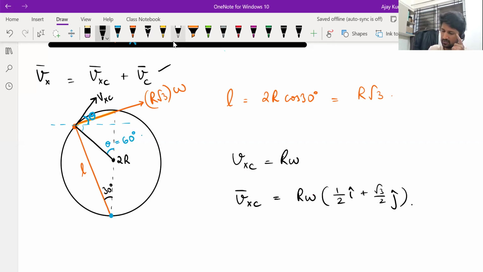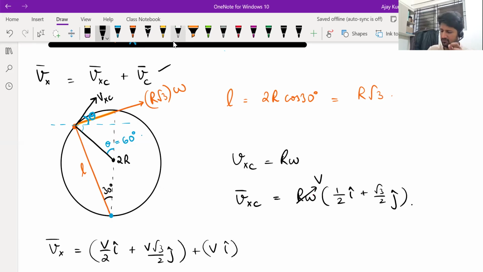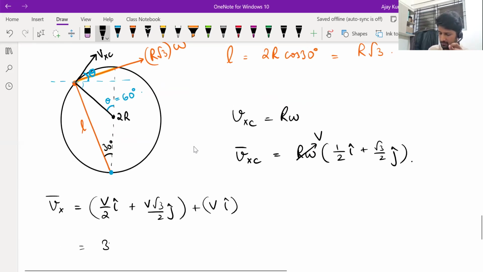Therefore, the effective velocity of x is Vxc plus Vc. r omega is nothing but V. So V by 2 i cap plus V root 3 by 2 j cap, that is velocity of x with respect to center of mass, plus the velocity of center of mass is V i cap. I'm not writing Vc, I'm just writing V. Then V plus V by 2 becomes 3V by 2 i cap plus V root 3 by 2 j cap.